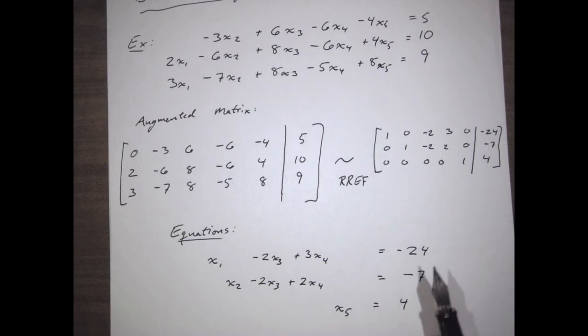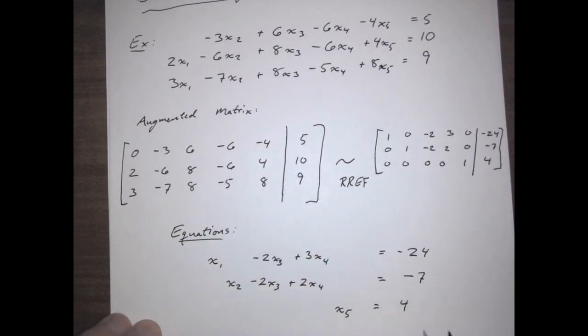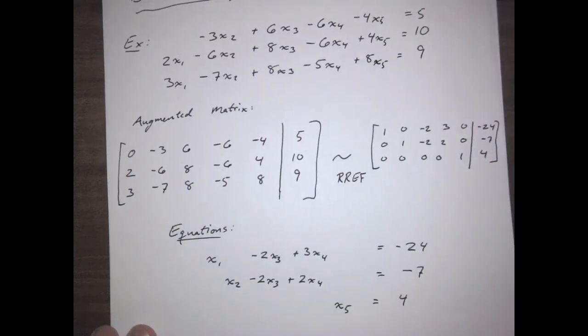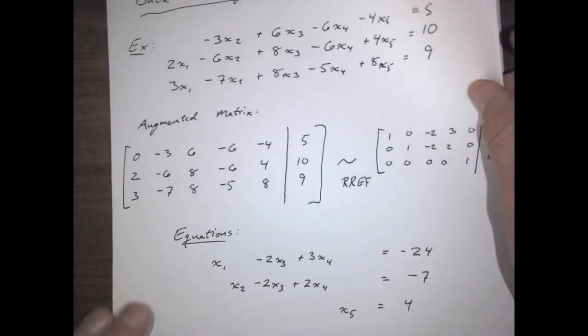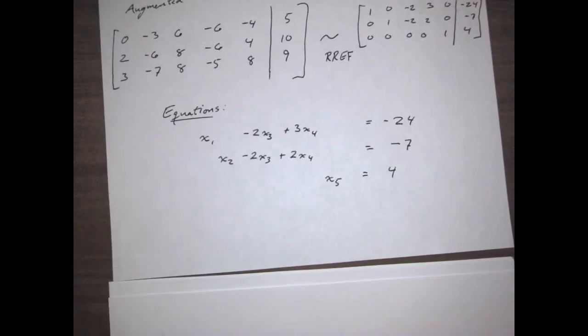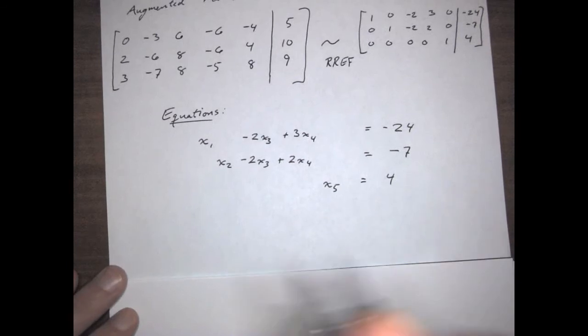Now we can start to describe what's going on in this situation by looking at the difference between the variables that do versus don't make pivots. The variables that do have pivots are called basic variables, and the ones that do not correspond with pivots are what are called free variables.